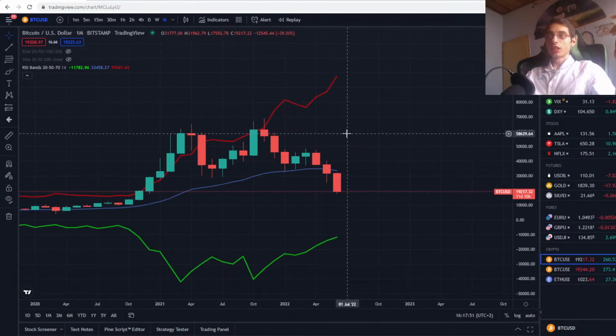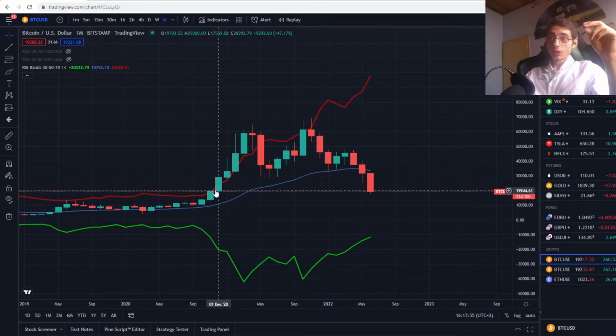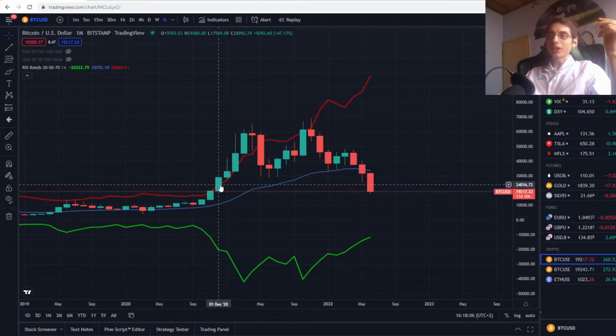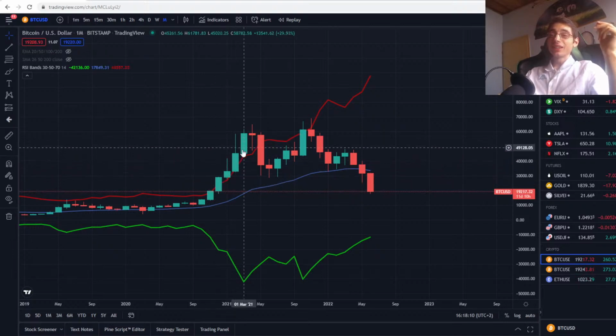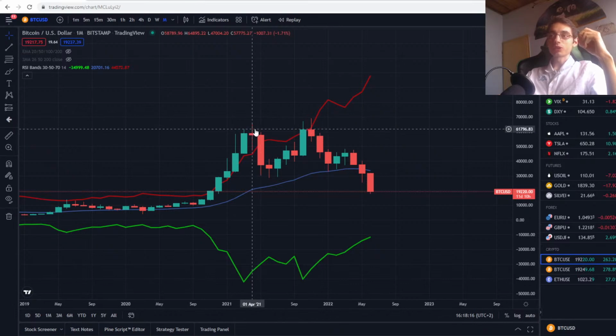Right here, as you see, if you watch the RSI from a monthly perspective, the red line right here is the 70 RSI, the overbought RSI. It actually got broken in December 2020 and still made a support for all the price action until April 2021, when we saw this doji.